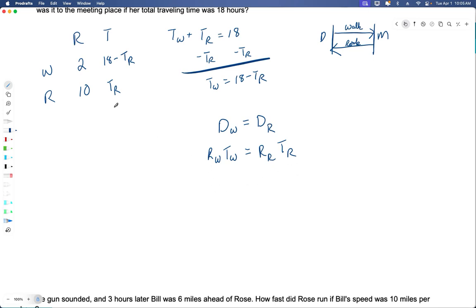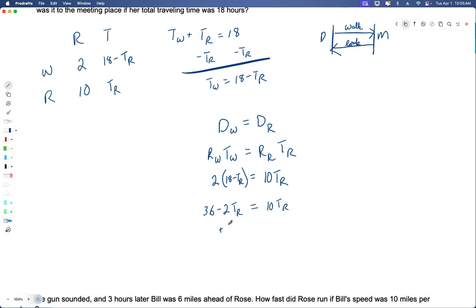So we have the rate walking is 2. Time walking is 18 minus TR. Rate riding is 10, and we don't know what the time riding is, so we just leave that alone. So now I'm going to multiply. 2 times 18 is going to be 36 minus 2 TR.